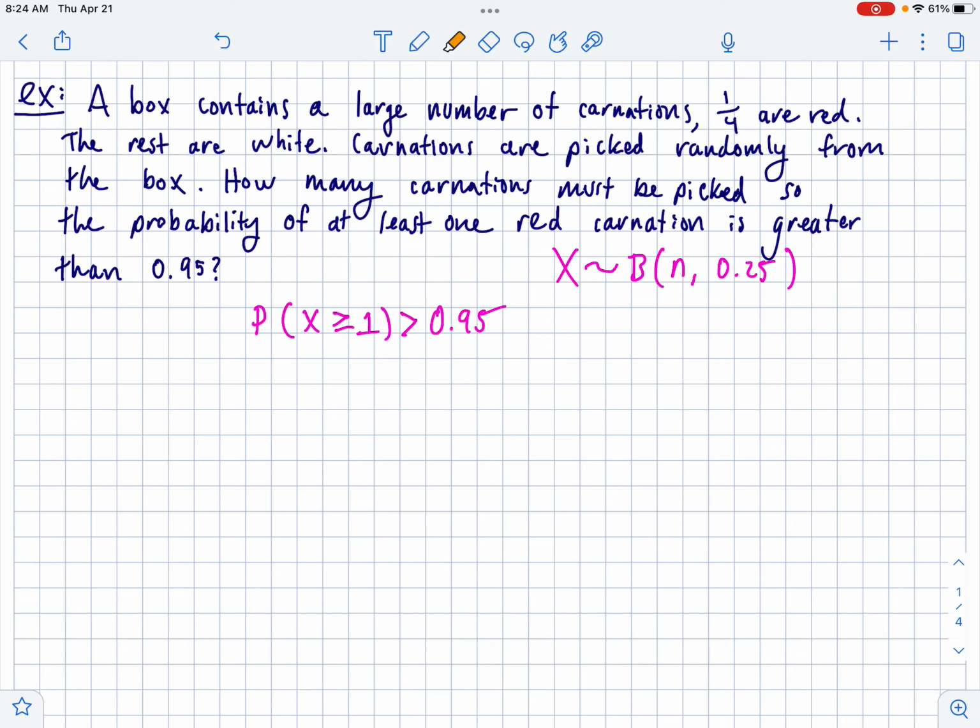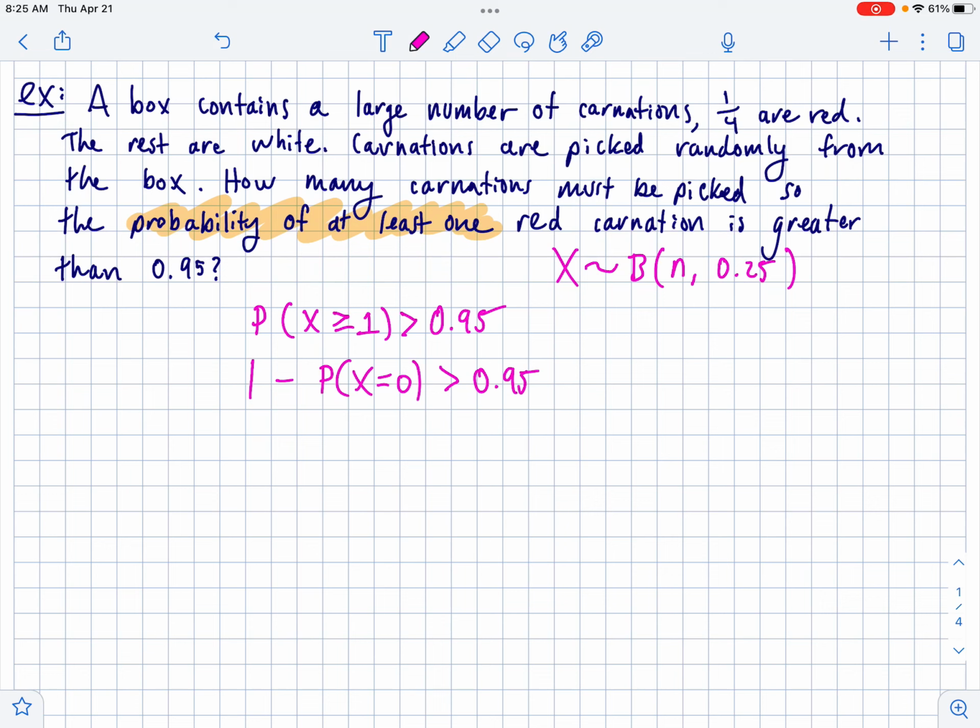The first thing that really triggers me here is the probability of at least 1. We've seen this come up multiple times where the probability of at least 1 is 1 minus the probability of none. So I'm replacing that left-hand side with 1 minus the probability of none.